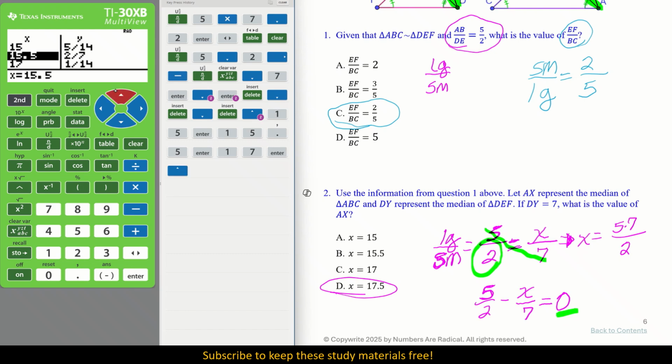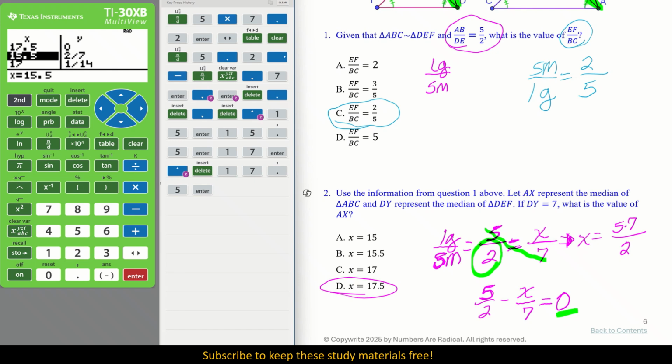All right, now I'm going to go up to the top. Delete that out so it's fresh, okay? And let's put in 17.5 and enter. There we go. There's our 0. So D is verified. Now, this is a way to graduate students from the proportionality to the linear concept, okay? Just another thought of a way to enter it in the calculator, okay?